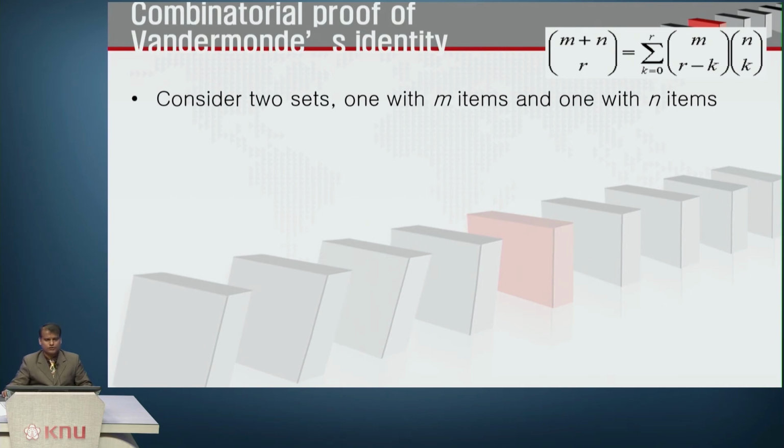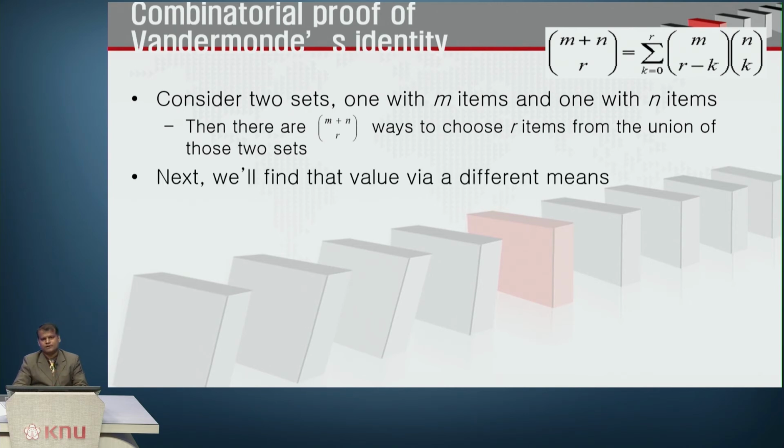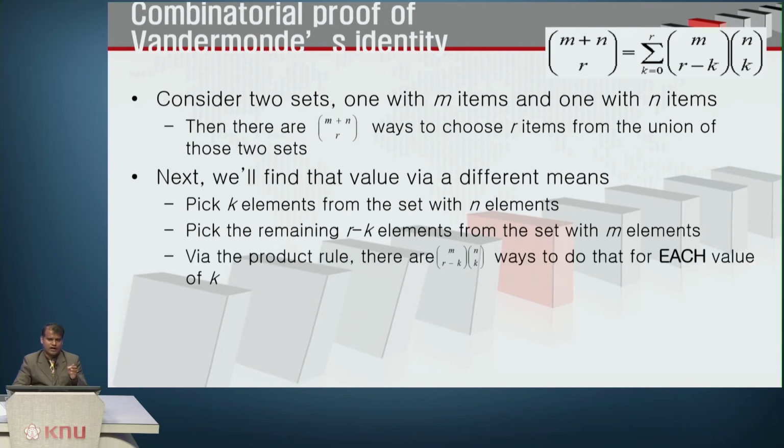So consider two sets, one with m items and one with n items. We talk about the two different groups here. Let's say this first part, m plus n choose r, is the number of ways to choose r items from the union of the two sets. Then we find a different means: we can pick k elements from the set with n elements and pick the remaining r minus k elements from the set with m elements.